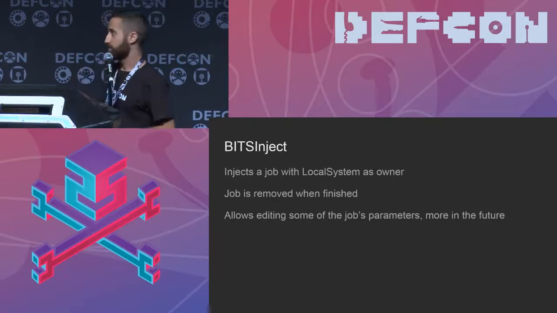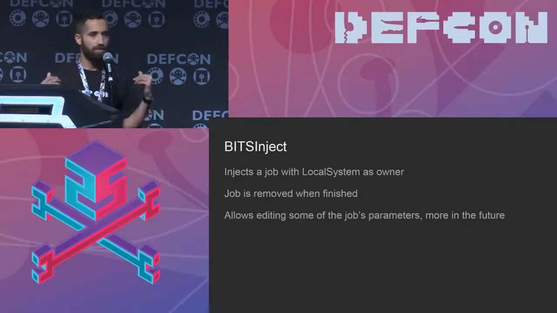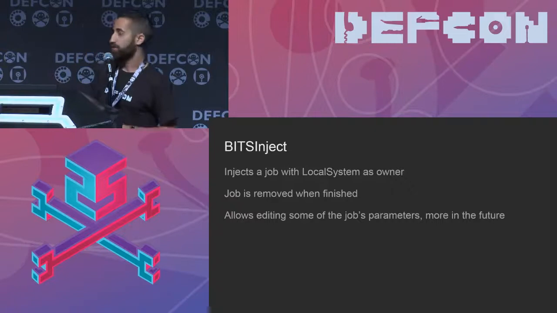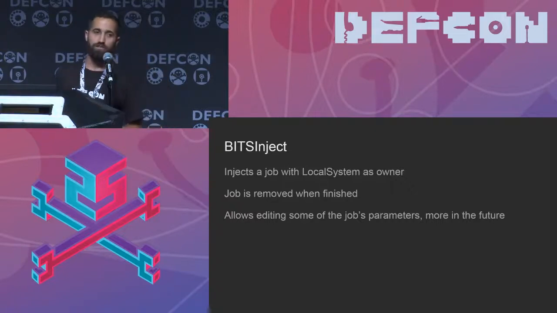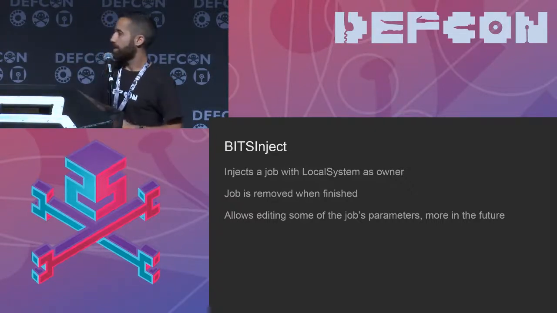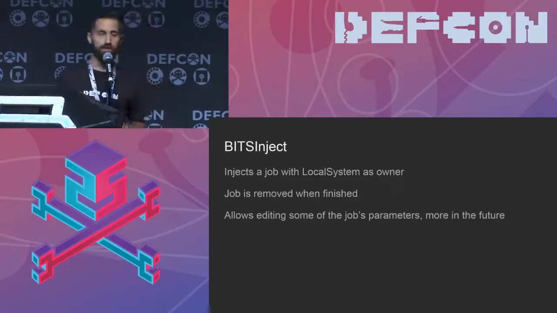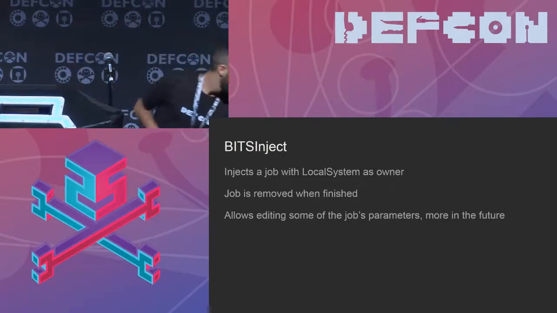This is what the tool does. It just injects a local system job, its binary payload, and removes it when it finishes, and what you get is what you saw before: the execution of the program that you specified. You can also change the job parameters and do many more things. The easy way to do that is what I showed you before.